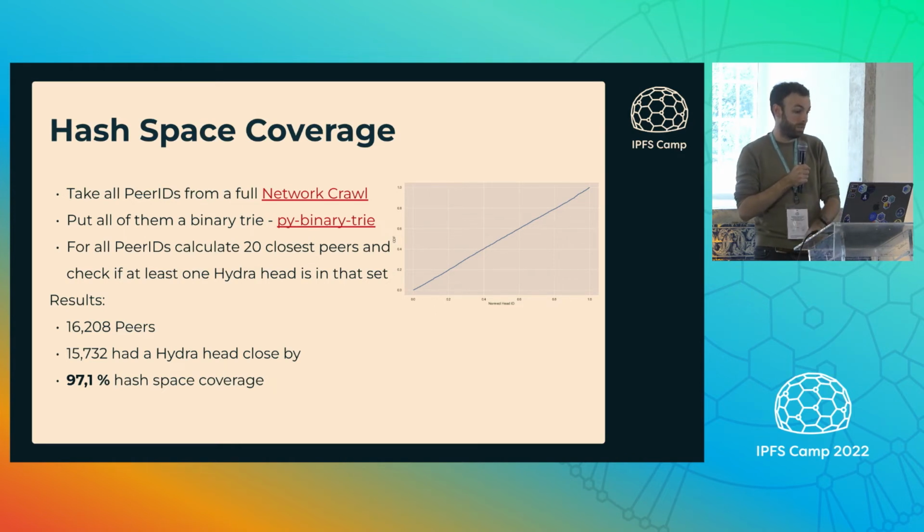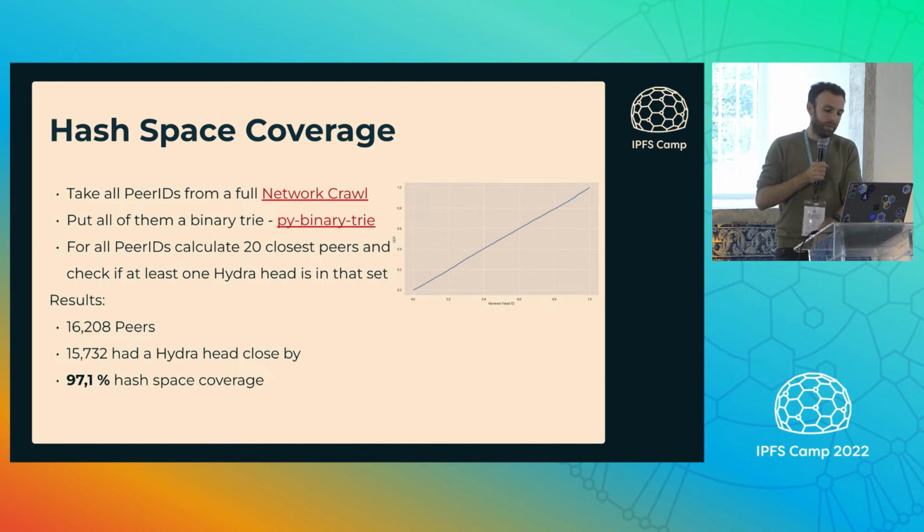So what did we do? We took a full network crawl, and so the snapshot that we also talked about previously. Then we put all the peer IDs in this binary trie, which is the representation for this XOR key space, thanks to Guillaume, who built this brilliant library here. And then for all the peer IDs that we found in the network, we calculated the 20 closest peers according to the XOR distance.